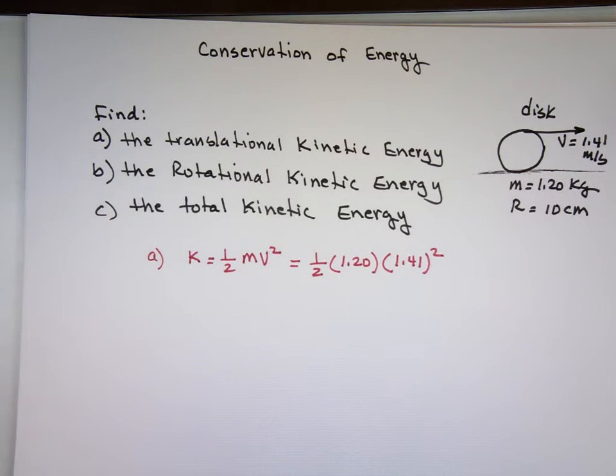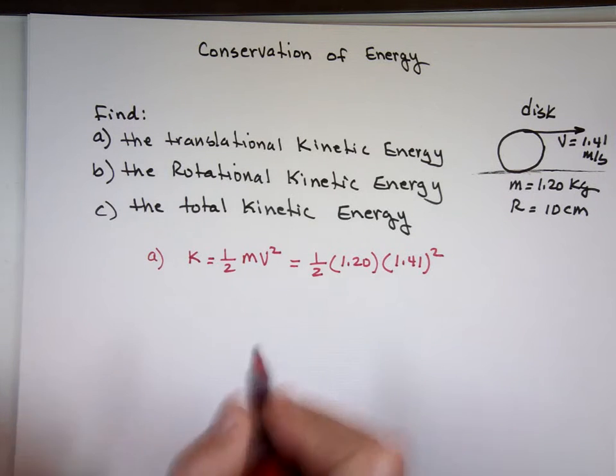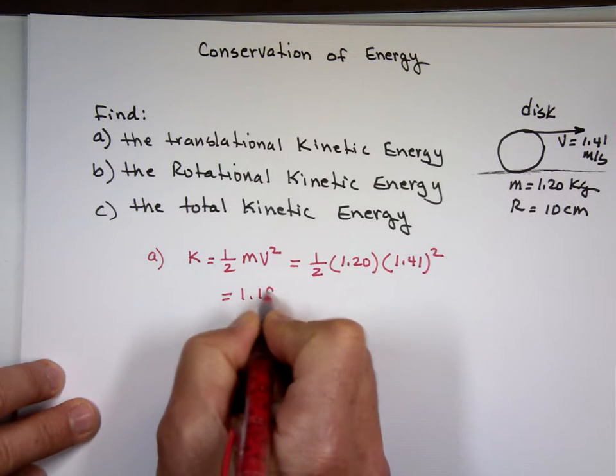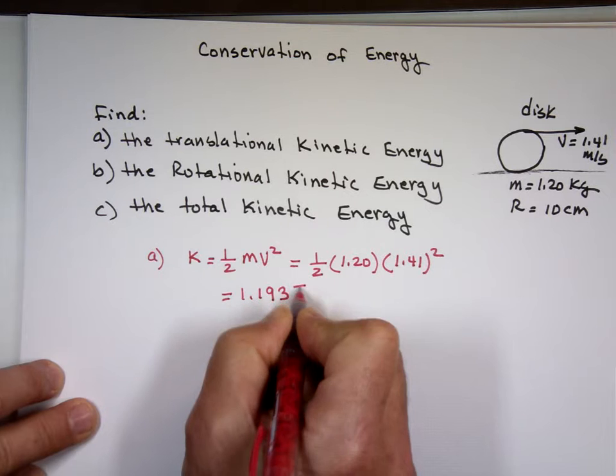And if I get my calculator handy, 0.5 times 1.2 times 1.41 squared, that's equal to 1.193 joules.